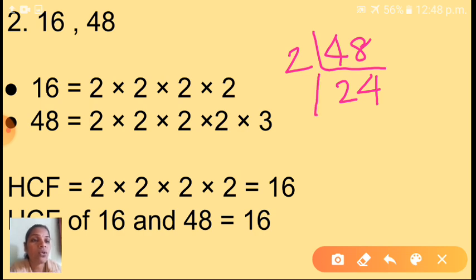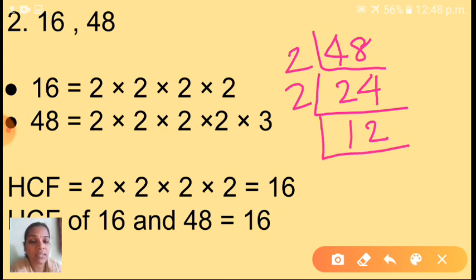Again here 24. Yes, we can divide completely by 2. Okay, so how many 2s are 24 children? 12 2s are 24. Okay, and again next one, what? This 12 is there. Again which prime number? Very good, 2 only will come. How many 2s are 12? Very good, 6. Again here, 6 is an even number, so again 2 only will come. How many 2s are 6? 3 2s are 6.